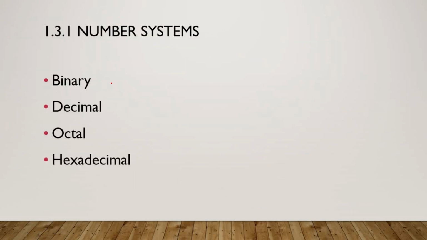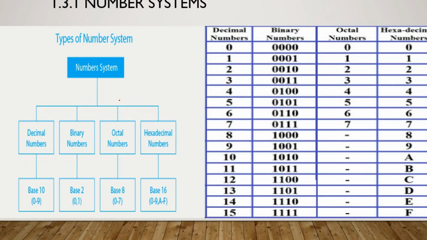So the number system is basically 4. So here is the diagram. We have decimal, base 10, base 2, which is binary, base 8, which is octal, base 16, which is hexadecimal. So one can understand this is 0 to 15, meaning 16 in total. For the binary, for example, using 4 bits, if you multiply by 2, then you can get the equivalence.